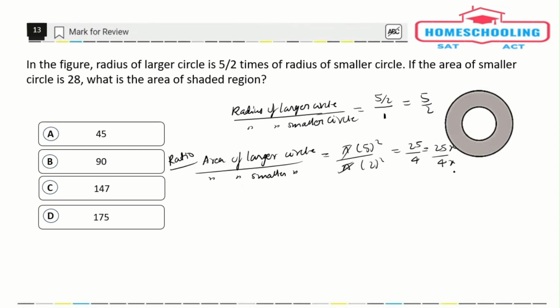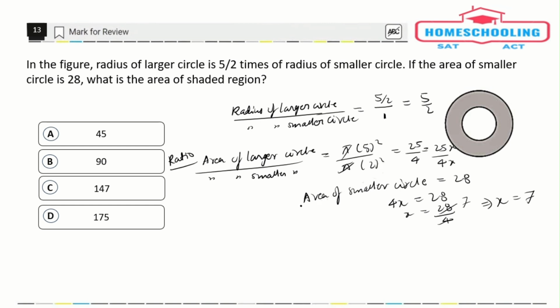The area of the smaller circle is 4x, it is given as 28, and here we have found that it is 4x. So 4x is equal to 28. So x is equal to 28 divided by 4, that is 7. Hence x is equal to 7.